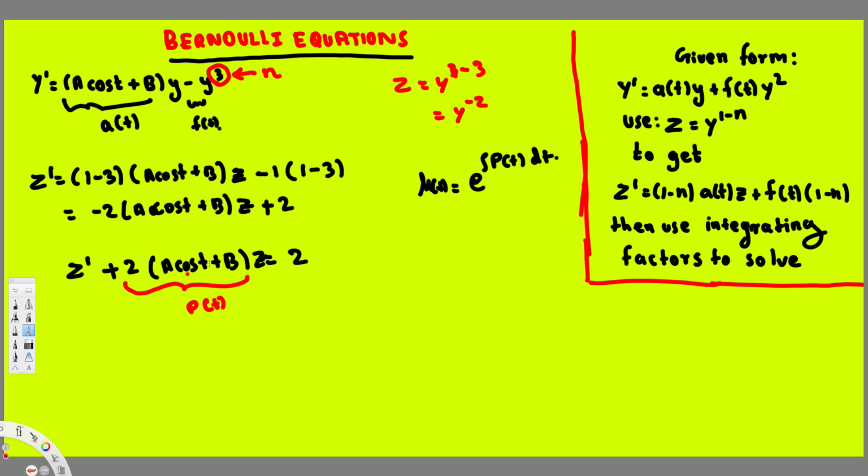Now we can go ahead and use this one to find the integrating factor, and if you plug this one in this equation, e power, since 2 is constant, we can write that one in front. 2 integral of p of t is going to be this one: a cos t plus b, and if you integrate this one, we know that integration of cos t is going to be sin t, so this is going to be e power 2 a sin t plus b, and also we have to put a t right here, because when we don't have anything, integration means that's going to be t, right?